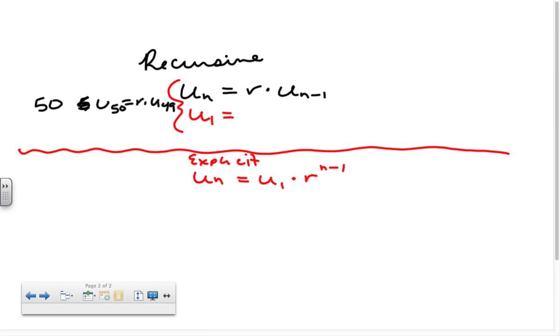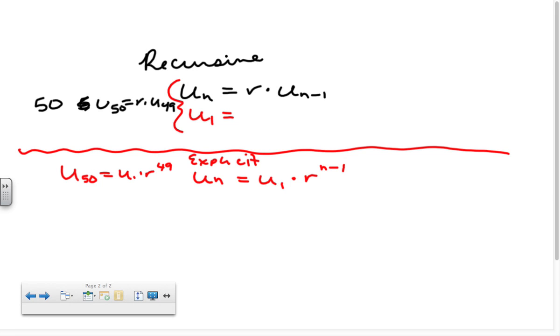So if I were looking, again, for the 50th term, u_50 is going to equal u_1 times the ratio raised to the power of 49.